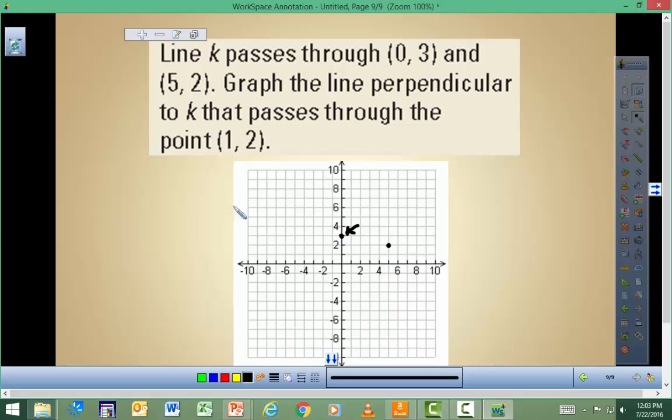So line K, let me see if I can get this drawn. Let me see if I can find my ruler here to help me draw this. I'll see if I can draw. This is a little bit hard.